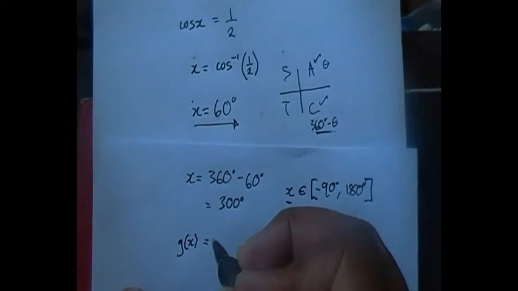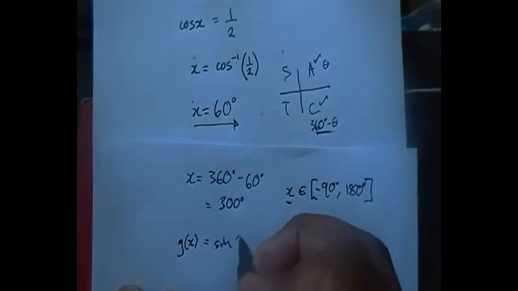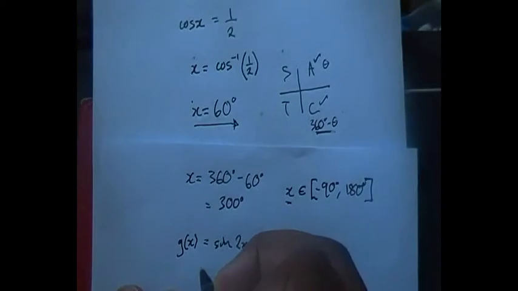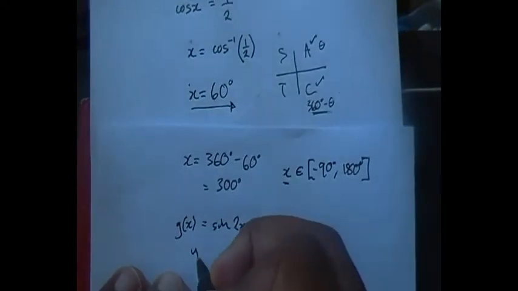Obviously we need to find the y coordinate. So we go back to the question. Remember, this is a point on the graph of f, or the graph of g also. So just choose either of the two equations that you want to work with. I will choose g, which is equal to sine 2x. I'm going to substitute 60 in there to find my y coordinate.